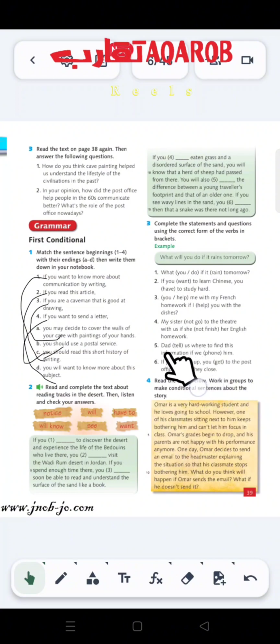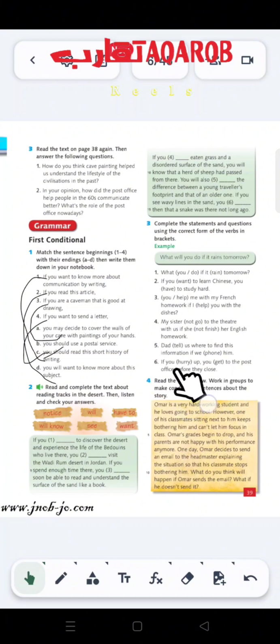Number 5, Dad tell us where to find this information if we phone him. So Dad will tell us where to find this information if we phone him.